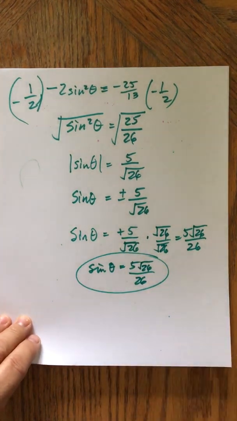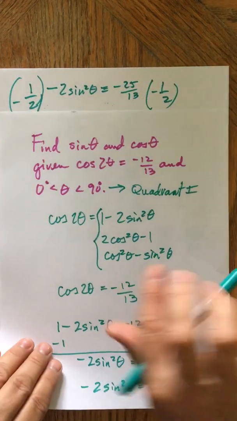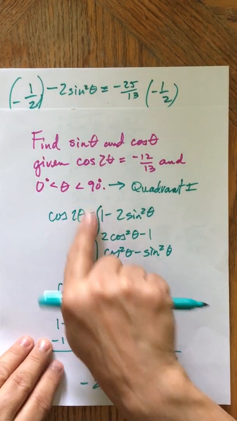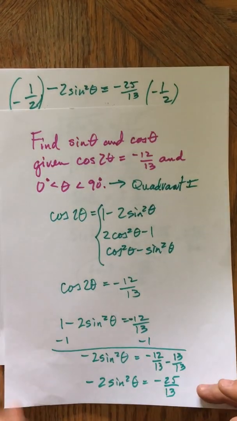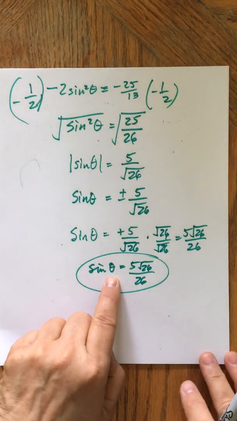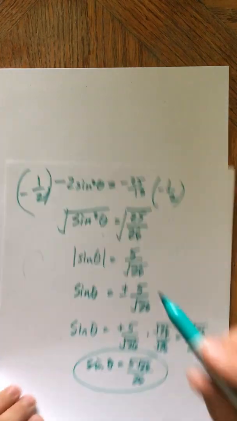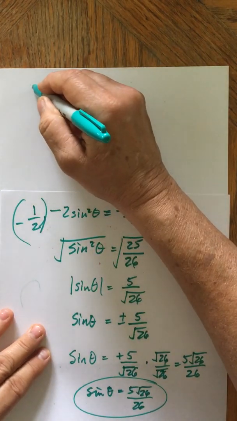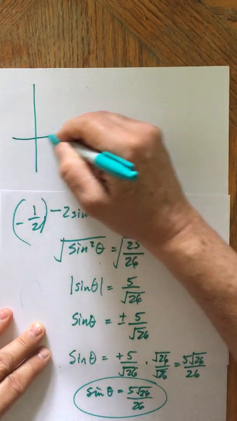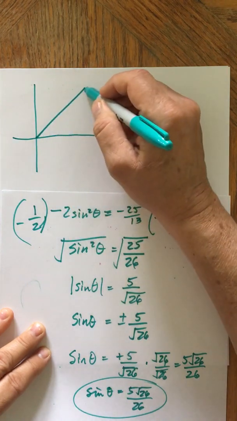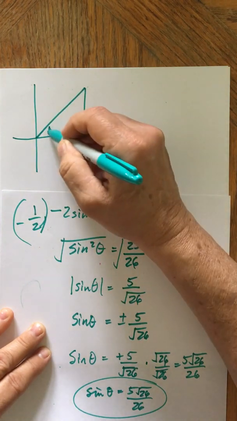I find it easier. So because we were told that theta is in quadrant 1, I'm now going to use a right triangle to represent theta. Since I know that sine of theta is 5 over square root 26, let me go ahead and do that. So I'm going to draw a right triangle in quadrant 1. Here's theta.